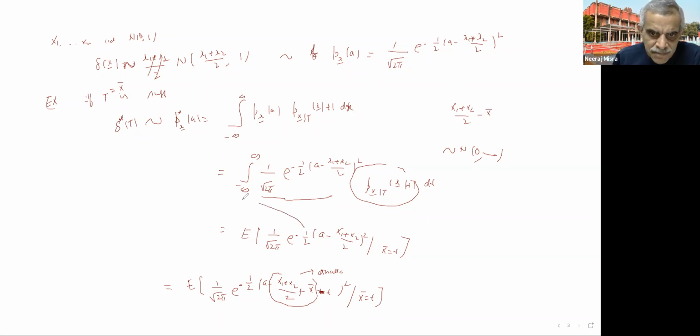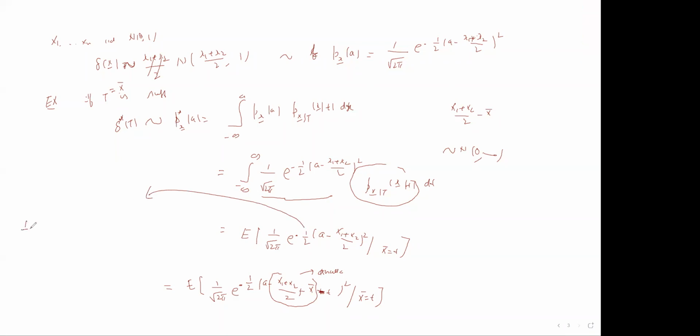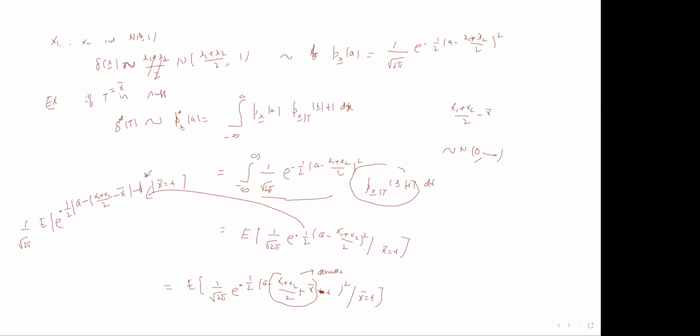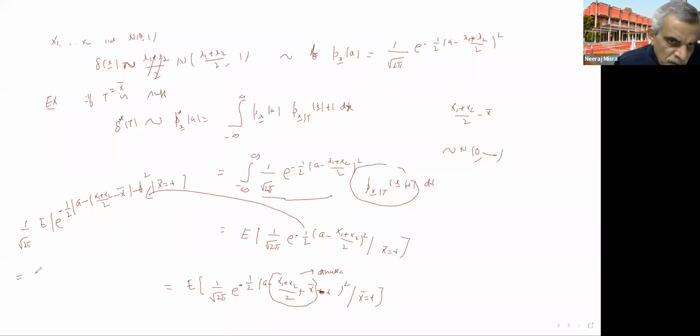See this quantity, this is 1 by root 2 pi e to the power minus half a minus. I put everything now in a bracket, x1 plus x2 by 2 minus x bar. That means plus t would come, plus x bar would come. I make it minus x bar, but x bar is fixed at t, so I make it t and give an x bar. Is that okay or not? Yes, sir. This whole square. Right? Because what is this?